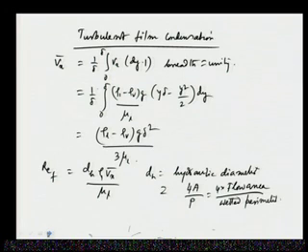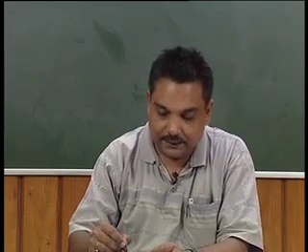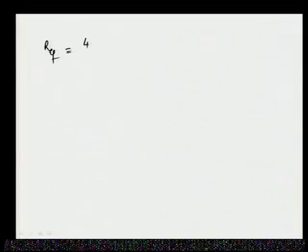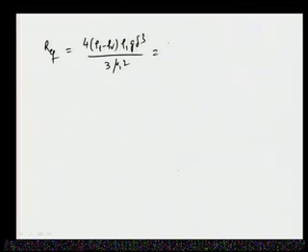Under these situations, in this particular case, when B equals 1, breadth equal to 1, then we can find out Re_F will be equal to 4 into rho L minus rho V into rho L into g into delta cube by 3 mu L square, and that is equal to 4 m dot by mu L. And how is this happening?